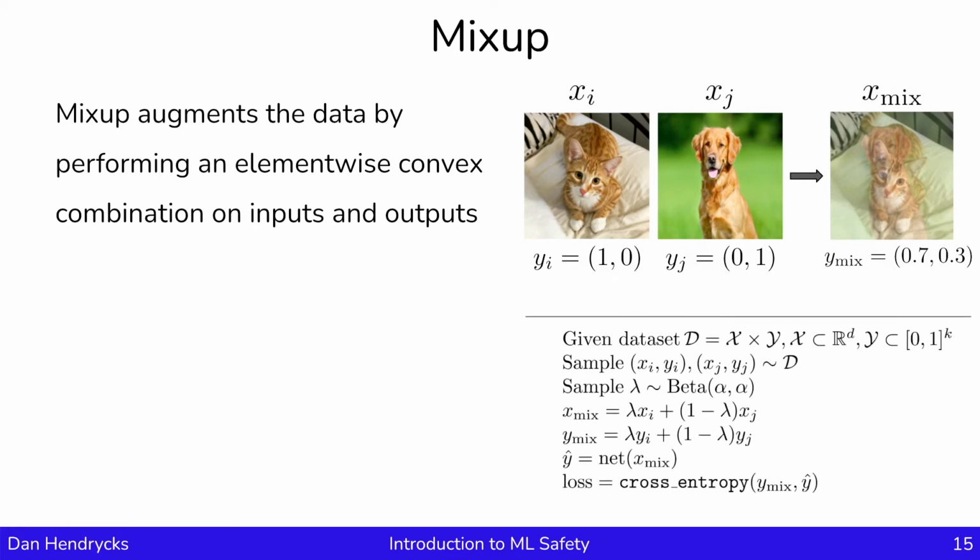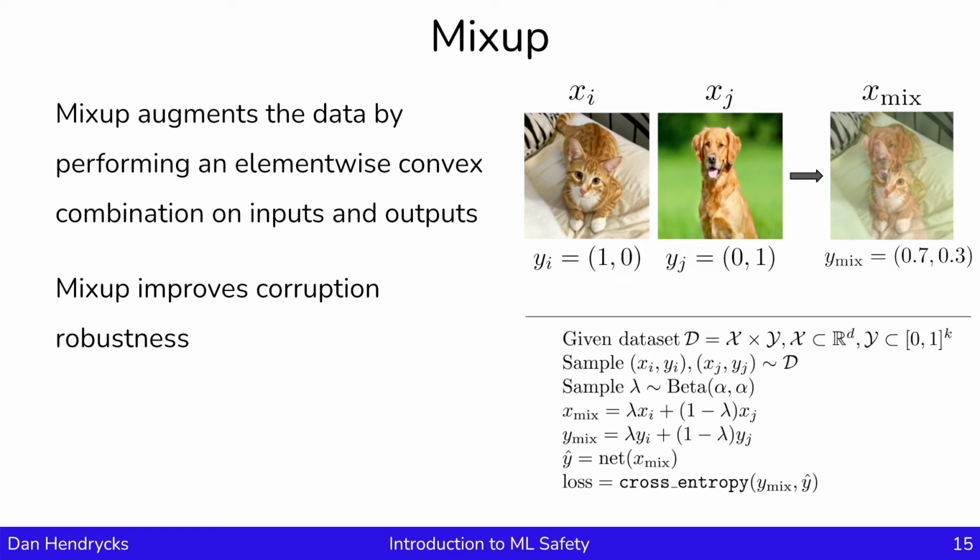The algorithm is as follows. We can see that lambda is sampled from a beta distribution. If alpha in that beta distribution is equal to 1, then we're just sampling from a uniform distribution. We can see the convex combination of the inputs and the convex combination of the labels.